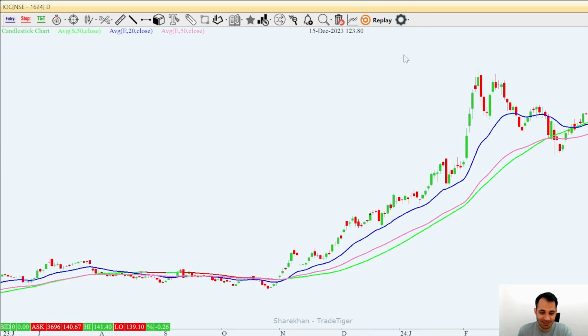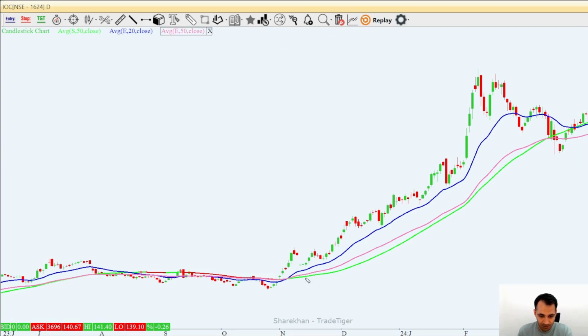So now we are going to learn about a strategy which is the moving average crossover strategy. In this strategy, whenever a lower time frame moving average crosses above a higher time frame average, for example, whenever EMA20 crosses above EMA50, it's called a golden crossover and it's a bullish signal.